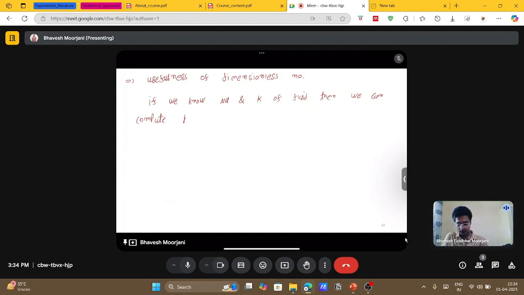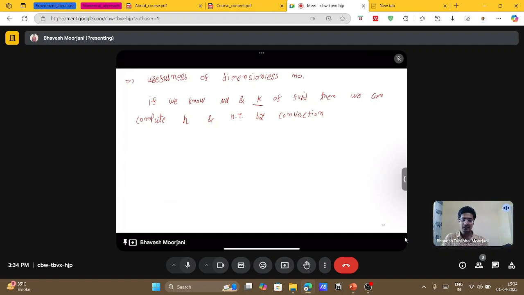So we can compute h. Once we know the heat transfer coefficient, we can find the heat transfer by convection, which is Q = hAΔT, right? So if I know the Nusselt number and the conductivity, I can find the heat transfer coefficient.